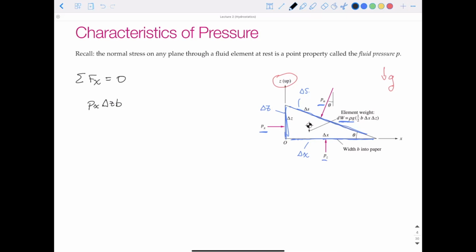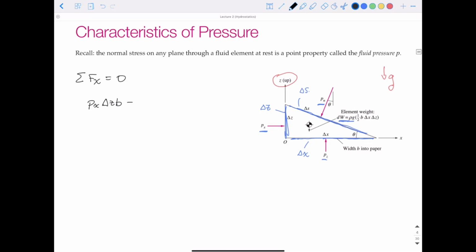And in the negative x direction, we have the sine theta component of our normal force. So we have minus Pn times delta S times B times sine theta. And then this is all equal to 0. So that's our first equation.